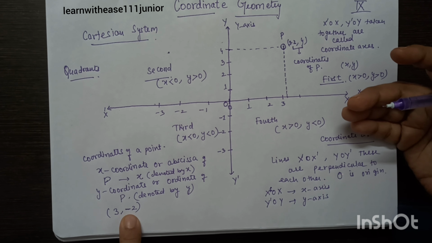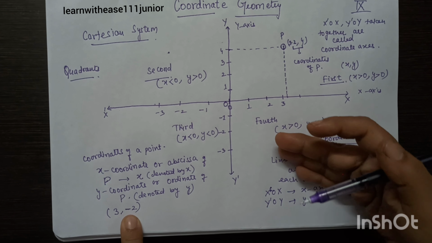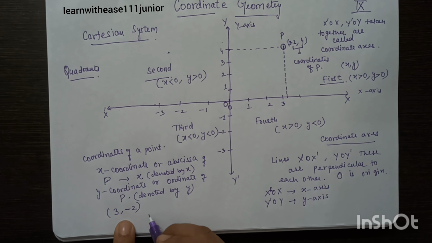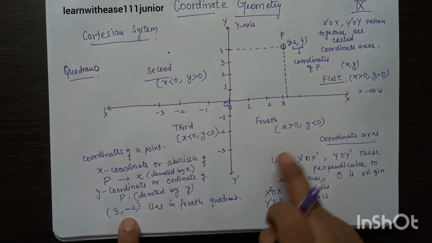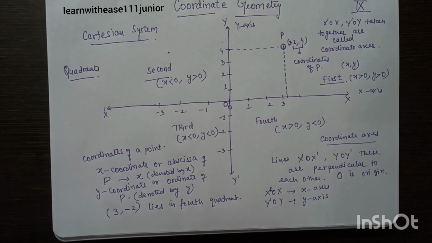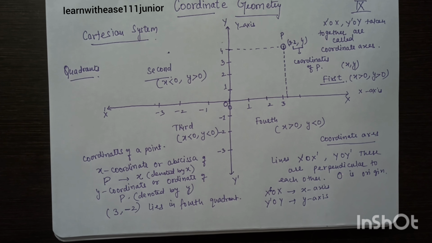Minus 2 means y is negative. Y negative means the point lies in the fourth quadrant, because x is positive here and y is negative here. So these are the sign conventions for particular quadrants, and we need to follow them. So this was the basic of coordinate geometry.